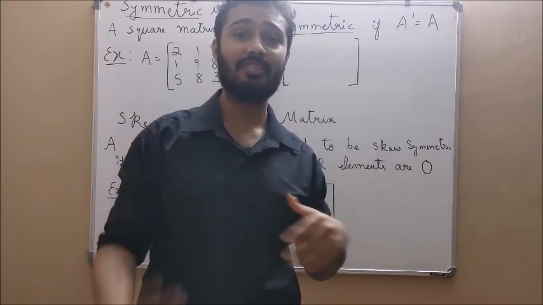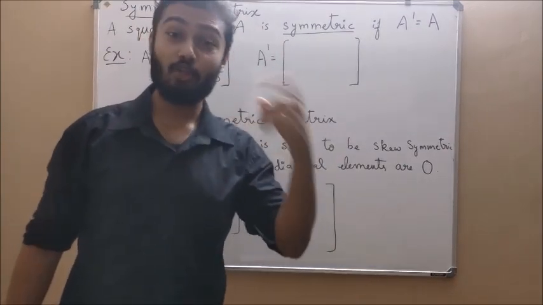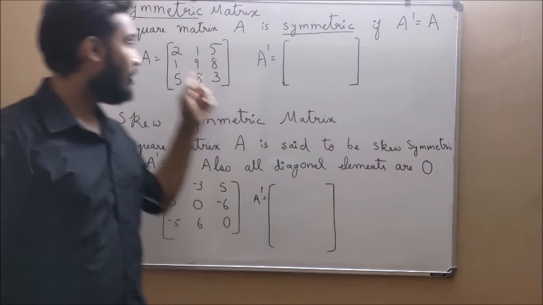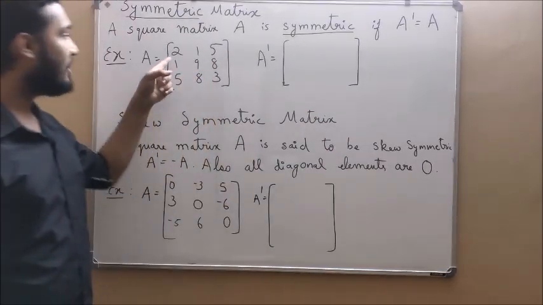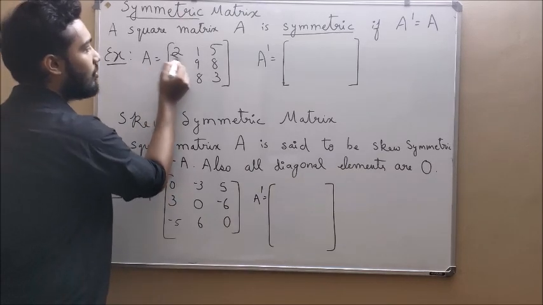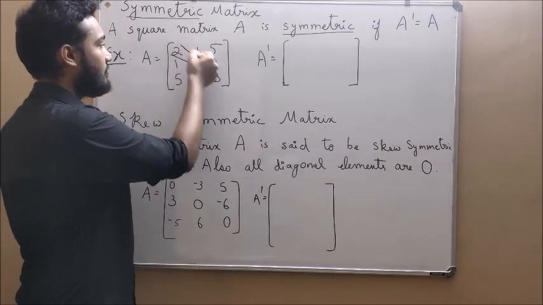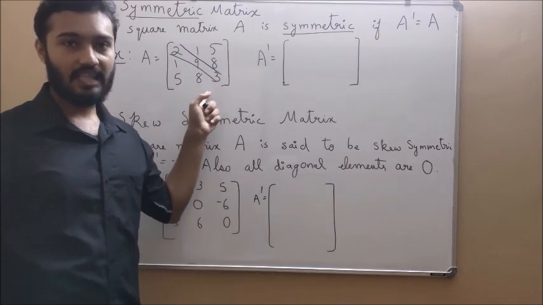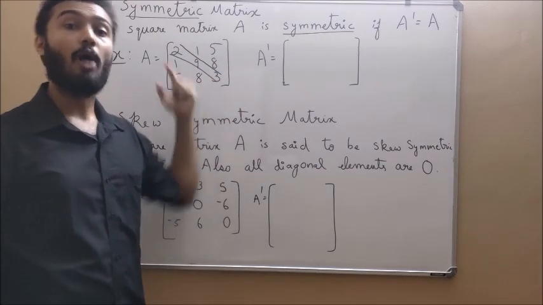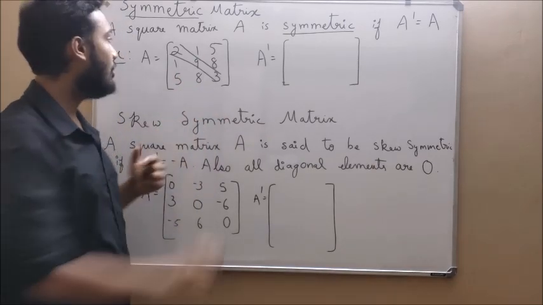Now what is the meaning of symmetric matrix? In a symmetric matrix, by direct observation you can see, you know what a diagonal is. This is the diagonal: 2, 9, 8 is the diagonal. Now observe the diagonal. What are the elements on opposite sides? You take 1.